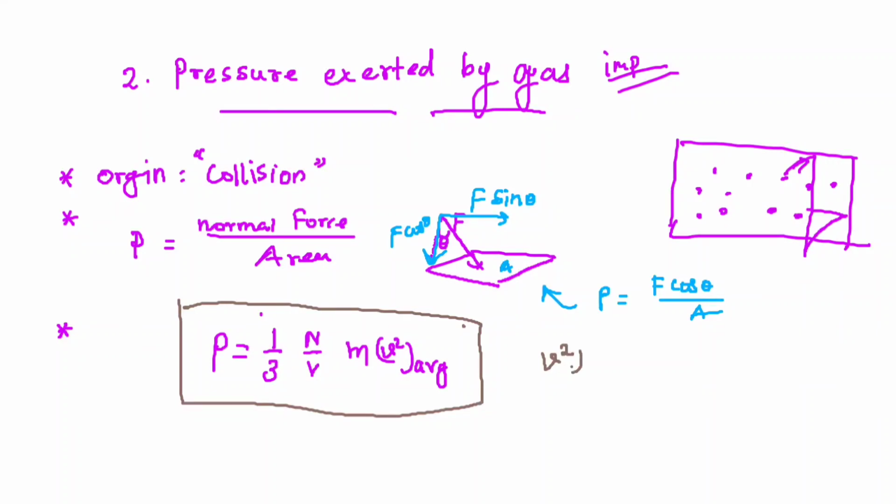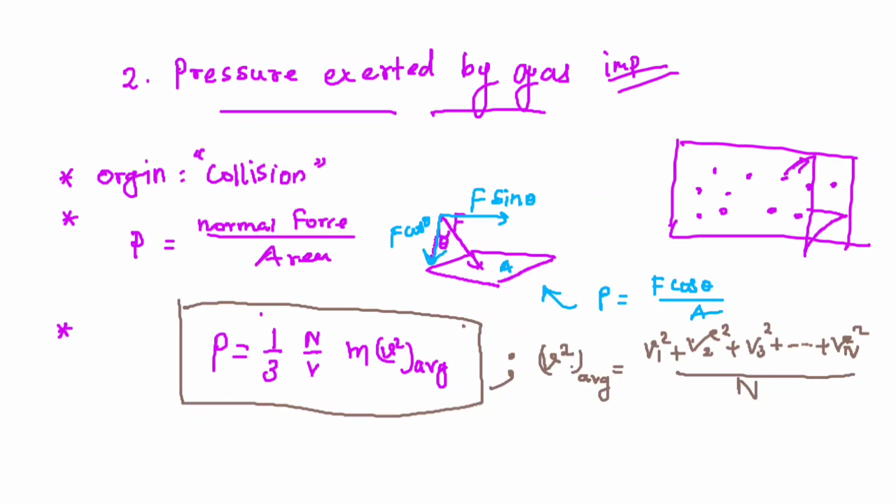Here V square average is V1 square plus V2 square plus V3 square plus etcetera plus Vn square, divided by N. This is V square average, meaning V1 is the velocity of the first molecule and V2 is the velocity of the second molecule and Vn is the velocity of the nth molecule. We will sum it over N. So this is the formula.